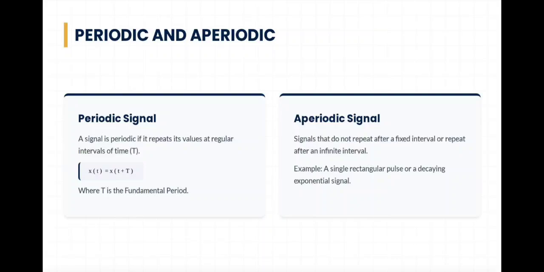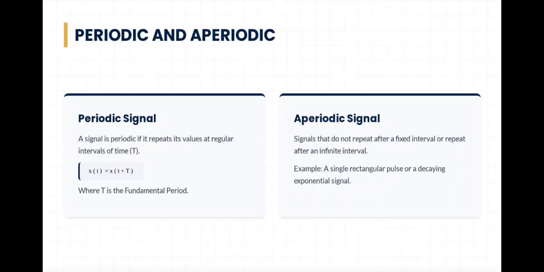On the other hand, an aperiodic signal is a signal that does not repeat itself after any fixed interval of time. Even if you wait for a very long time, the signal will not come back to the same pattern. We can take examples like a single pulse, such as a sudden spike, or a decaying exponential signal, where the signal gradually decreases and never repeats.